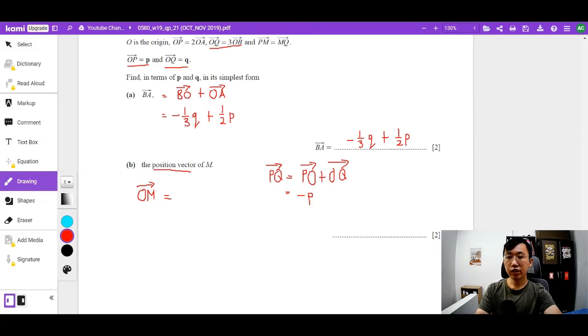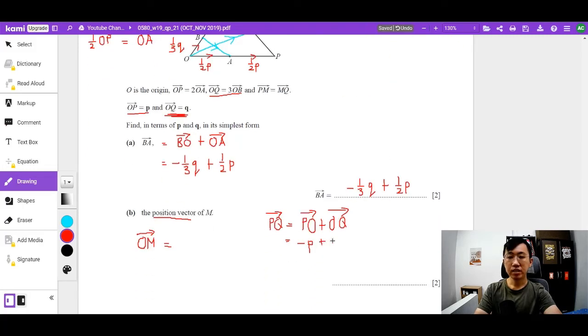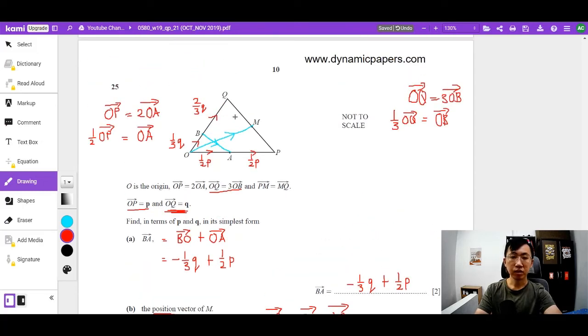We need to find vector OQ. Have we labeled? OQ is given in the question here. OQ is Q. So we are going to put plus Q. So we already found PQ is negative P plus Q. Label negative P plus Q.